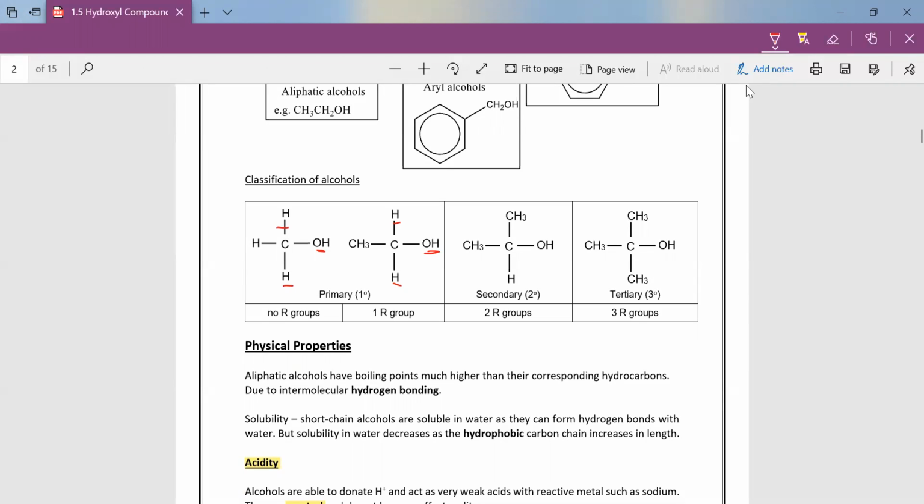Secondary alcohol is bonded to a C that has only one H bonded to it. And tertiary alcohol is bonded to a C that has no H bonded to it. All this affects the chemical properties of the functional group, so it's important for us to state the type of alcohol that we're dealing with.